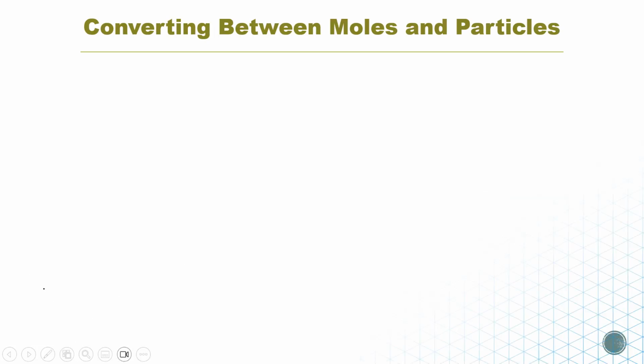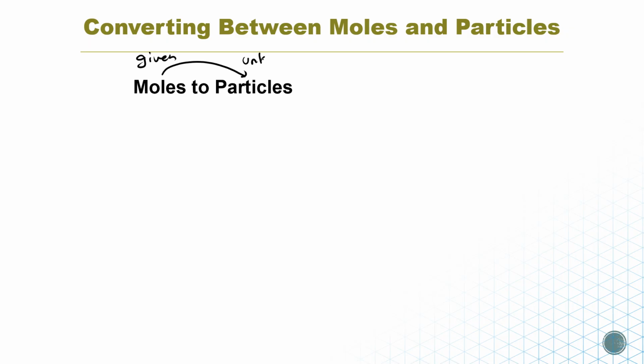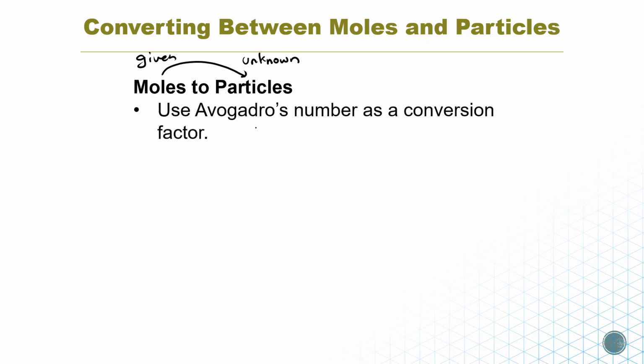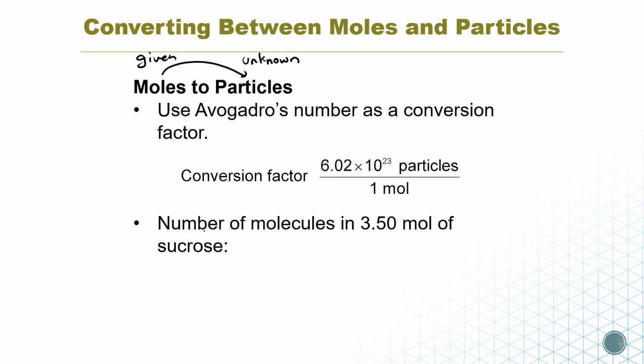Let's see an example. How to change from moles to particles. So given moles, unknown the particles. So we use this. For example, calculate the number of molecules in 3.5 moles of sucrose.